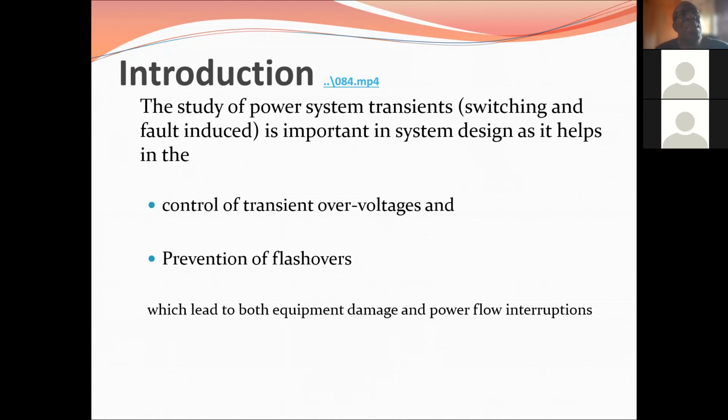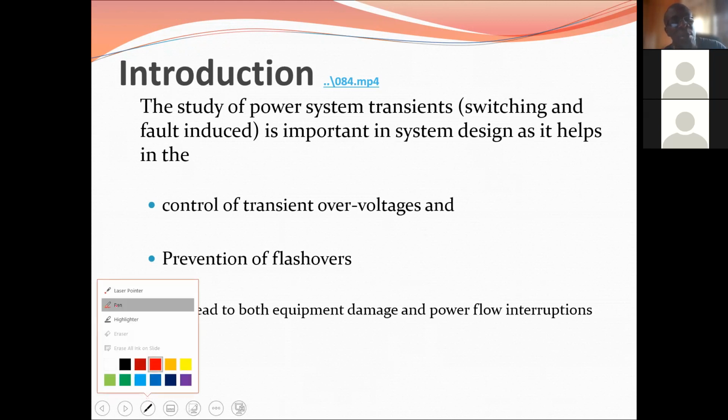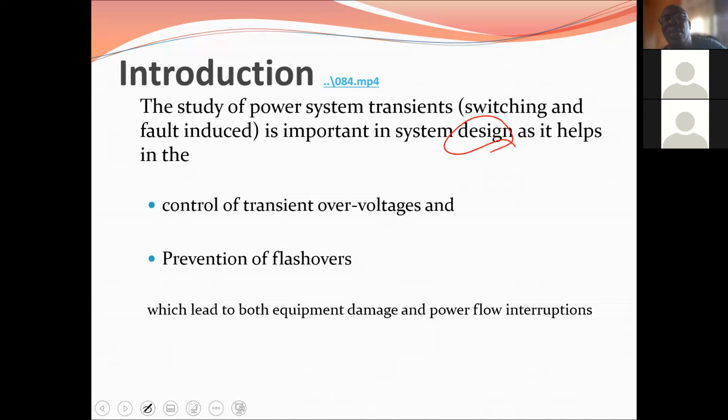So all of that is built into the power system. We say here that it primarily focuses on design, but outside of system design, you as the person on the ground, whether from an operational standpoint or from a control standpoint, need to appreciate transients within the power system.